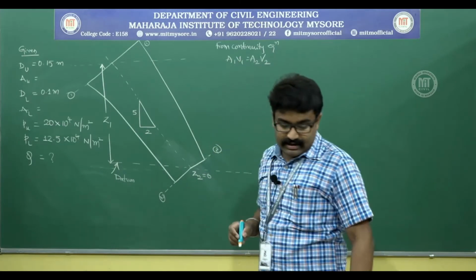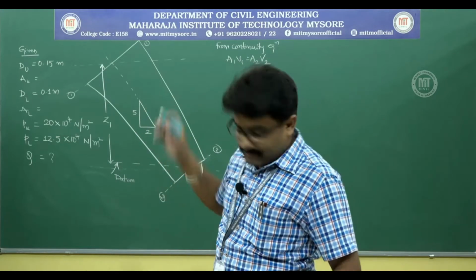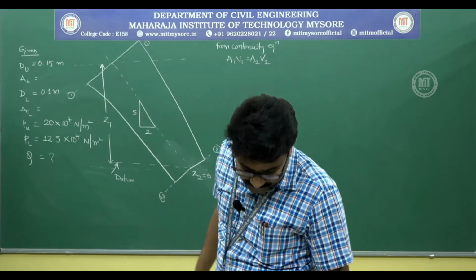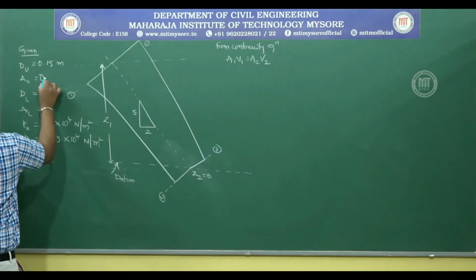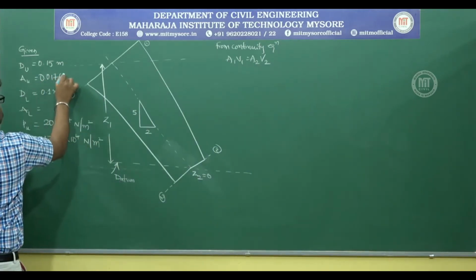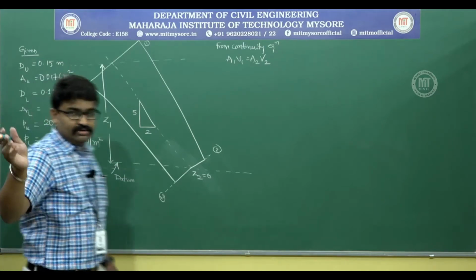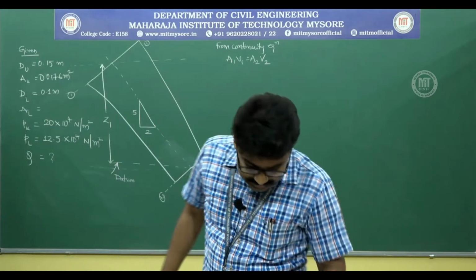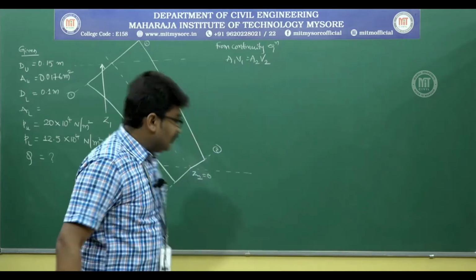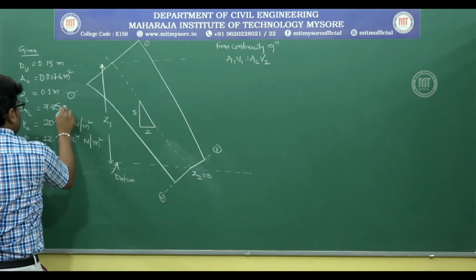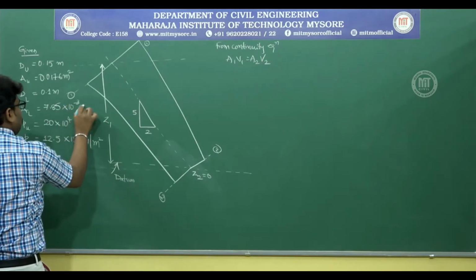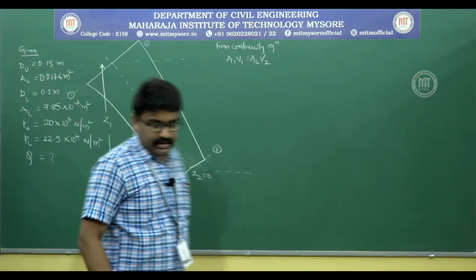We know what is A1 and A2 because diameters are given. So area 1 is 0.0176 meter square. You please use the calculator and find it out. Area 2 is 7.85 into 10 power minus 3 meter square.